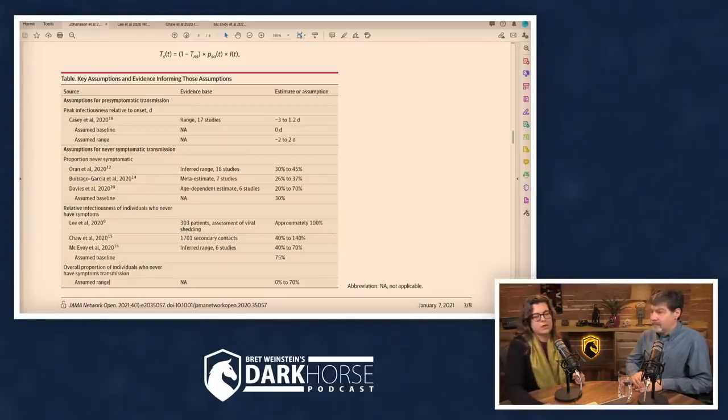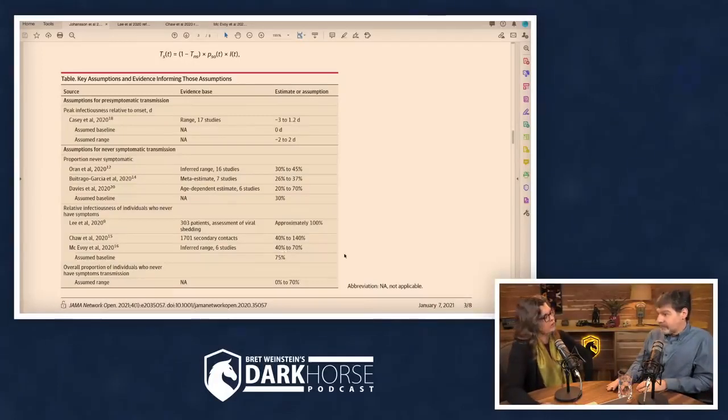Cha et al., the case from Brunei, which, as far as I can tell, shows asymptomatic patients are a third or less as infectious as symptomatic patients, and they say 40 to 140%, on the basis of which I cannot even begin to figure out. And McAvoy et al., which is a highly tentative number, says 40 to 70%. Well, that number they actually got right. You can see that here. They pulled it directly from the paper, and it's right there.